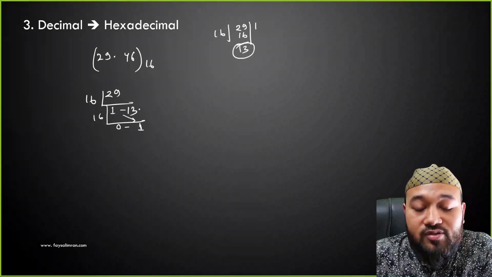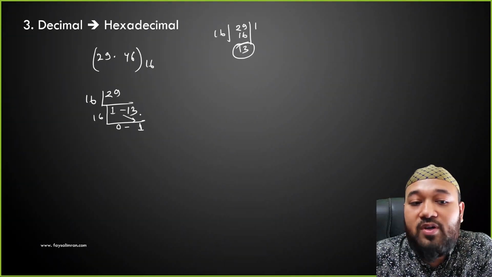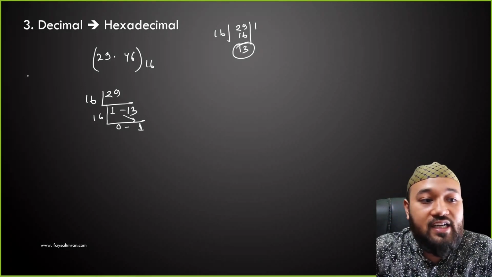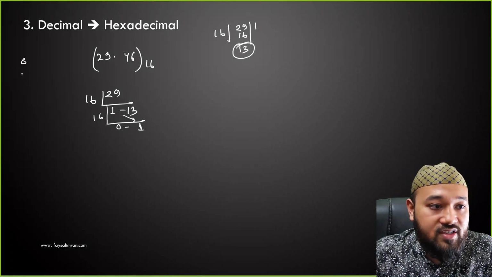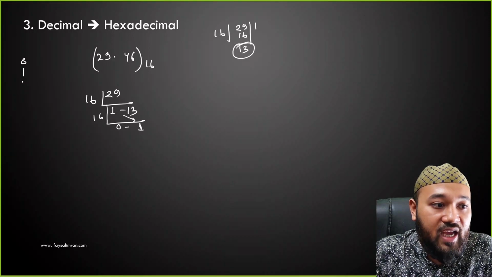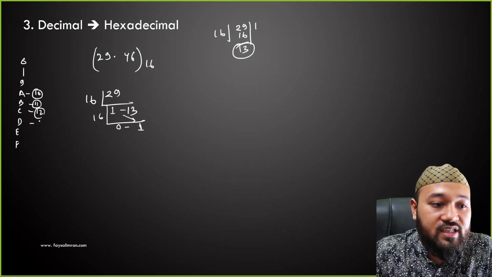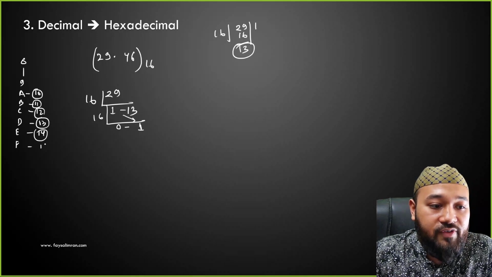But we cannot write our answer like this because the hexadecimal system does not contain 13. The values of the hexadecimal system are 0 to 9, and also A, B, C, D, E, F. That means A indicates 10, B indicates 11, C indicates 12, D indicates 13, E 14, and F 15.